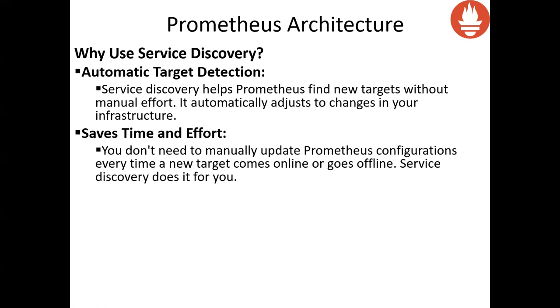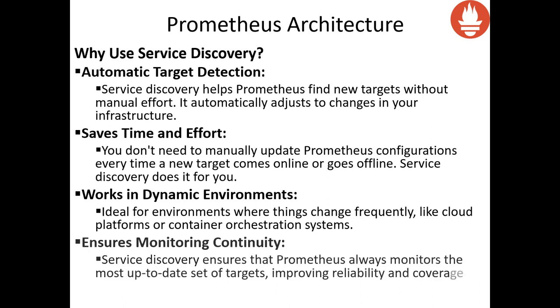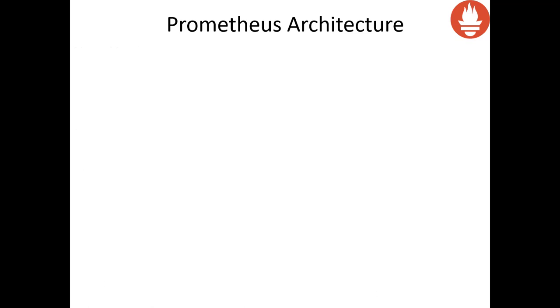Service discovery does it for you. Works in dynamic environments: ideal for environments where things change frequently, like cloud platforms or container orchestration systems. Ensures monitoring continuity: service discovery ensures that Prometheus always monitors the most up-to-date set of targets, improving reliability and coverage.